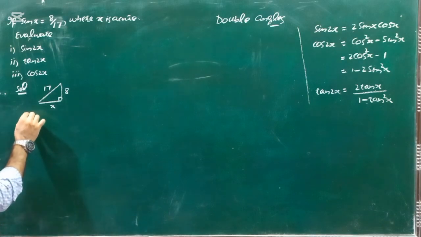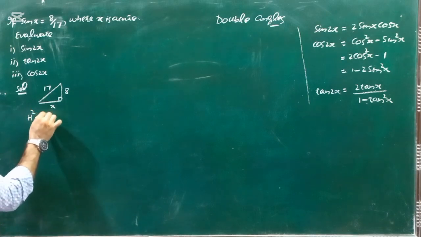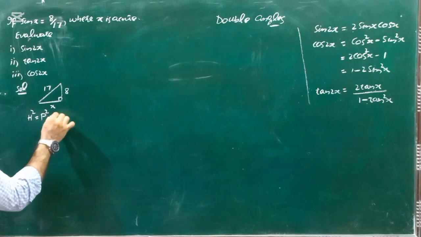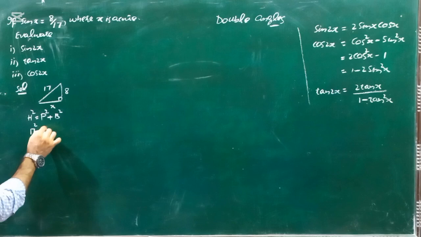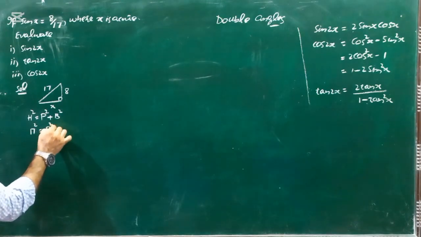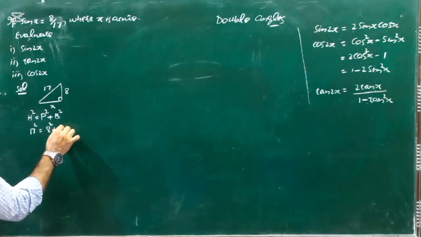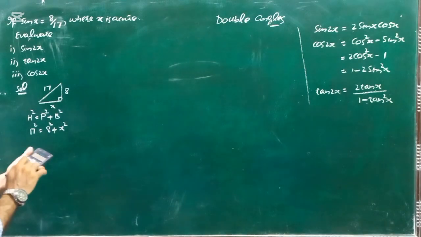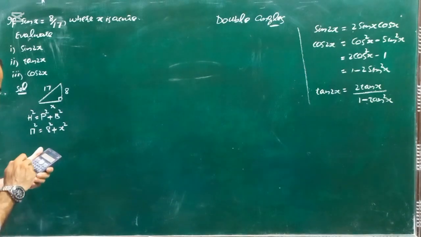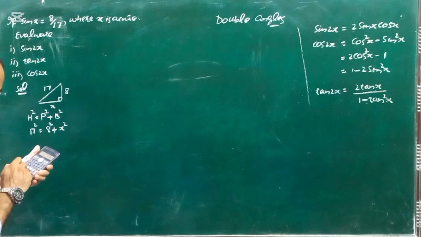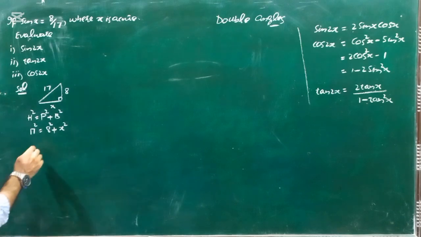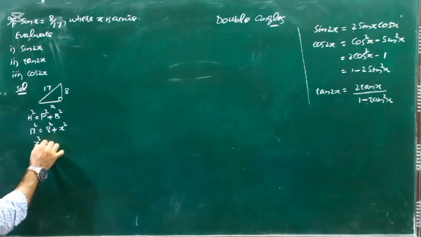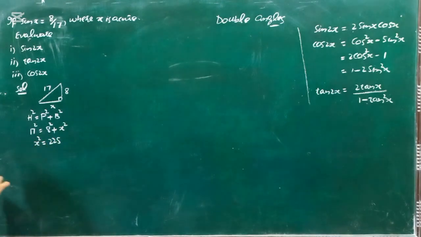So applying Pythagoras theorem, hypotenuse square is equal to perpendicular square plus base square. Hypotenuse is 17, so 17 square is equal to perpendicular 8 square plus base x square. Solving it, 17 square minus 8 square will be equal to 225. So x square is equal to 225, and taking its square root gives us 15.